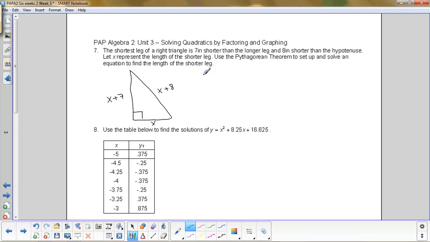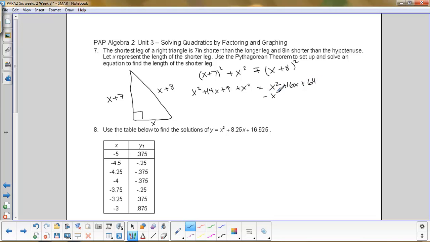Pythagorean theorem, a squared plus b squared equals c squared: x plus 7 squared plus x squared equals x plus 8 squared. Perfect square trinomials: x squared plus 14x plus 49 plus x squared equals x squared plus 16x plus 64.